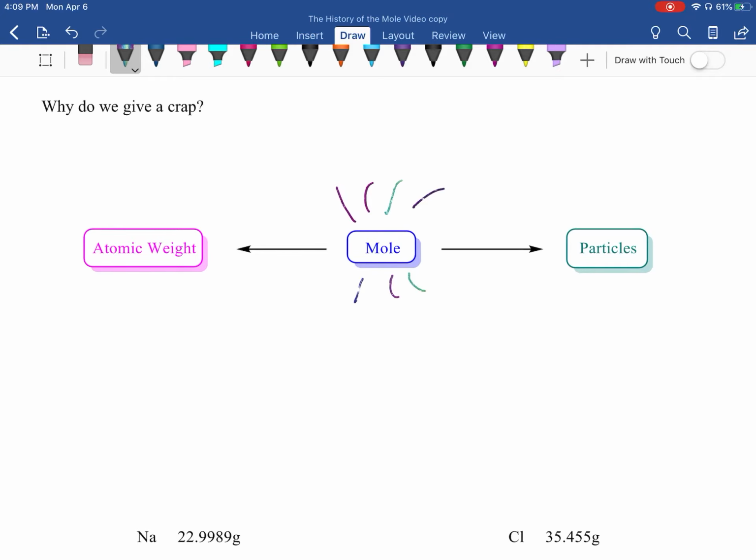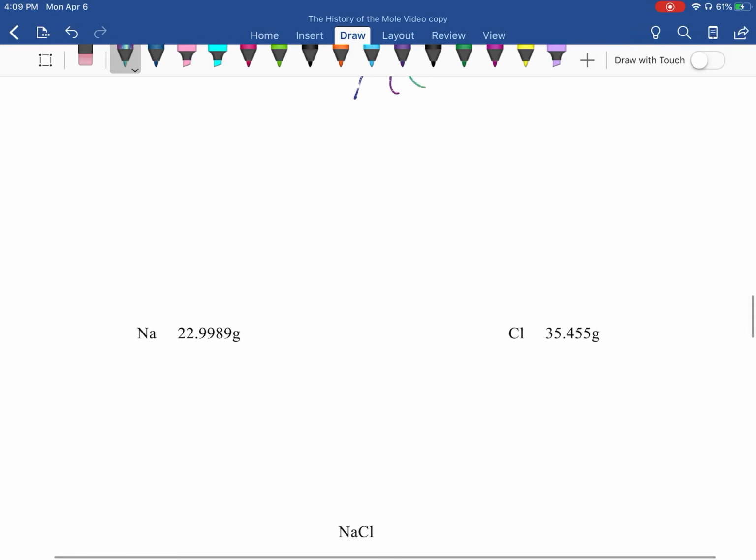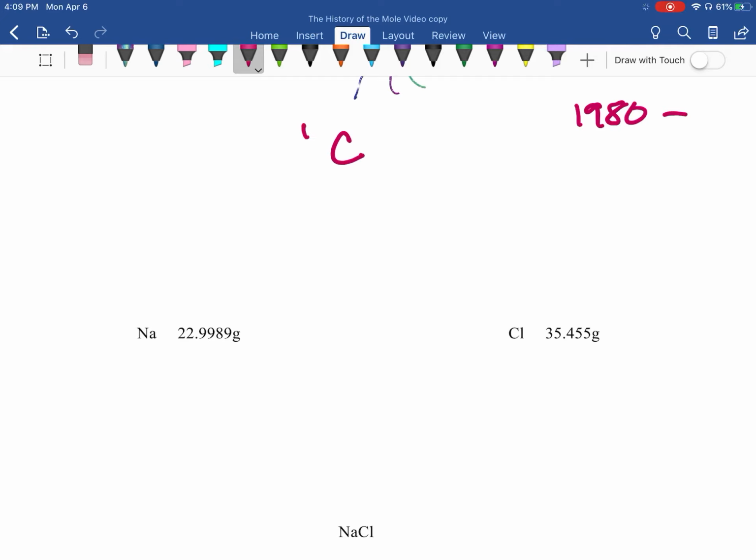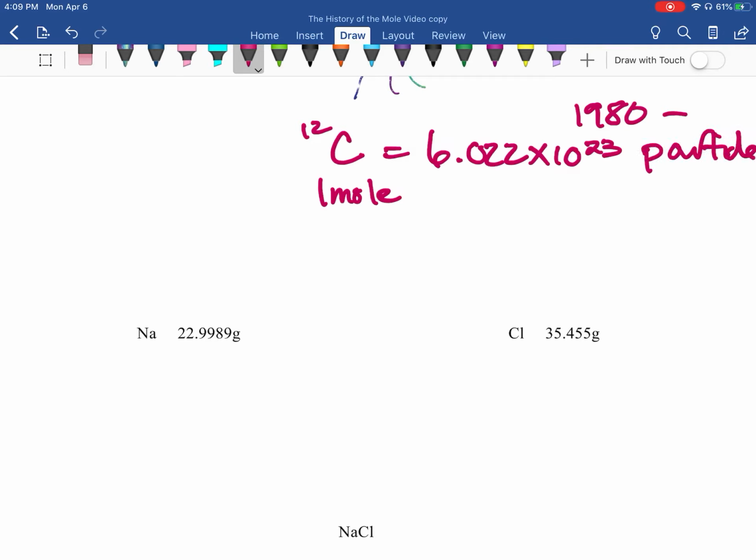Okay, so the first thing, let's do a little refresh on our definition. So our definition of a mole as of the 1980 version, and then I'll probably use the more current version, was for carbon-12, 1 mole gives us Avogadro's number. And the 1980s version would have called that a particle.